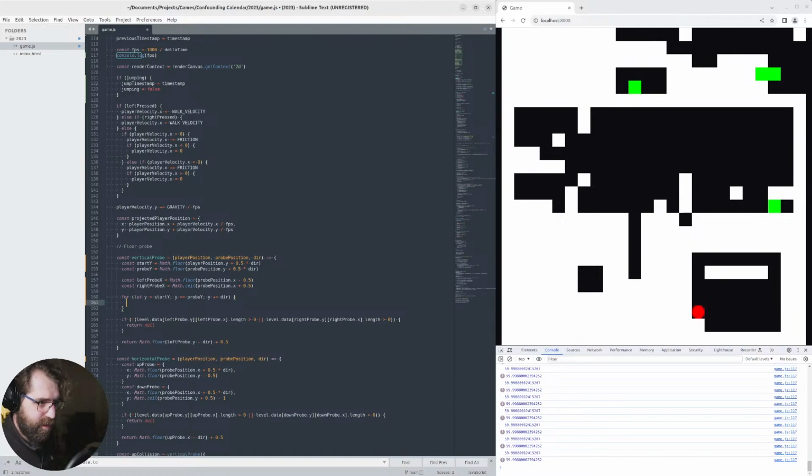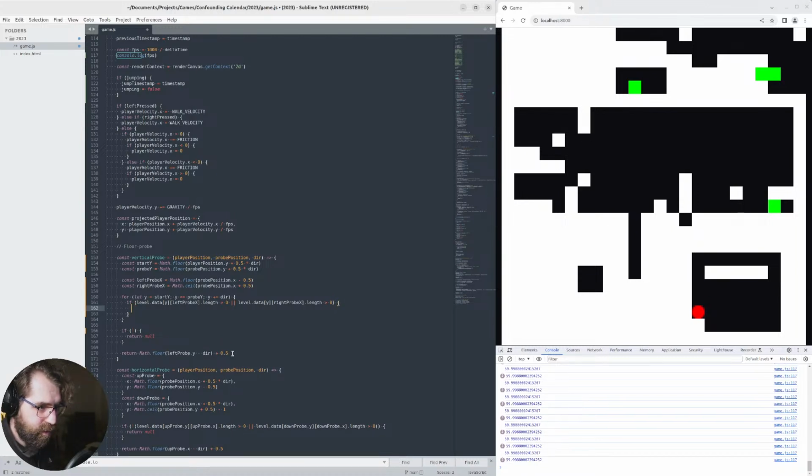If we find something at Y, at left probe X or at right probe X, then we return Y minus, yeah, that's right. Otherwise, if we end up coming out of this and we haven't detected anything, then we return null.